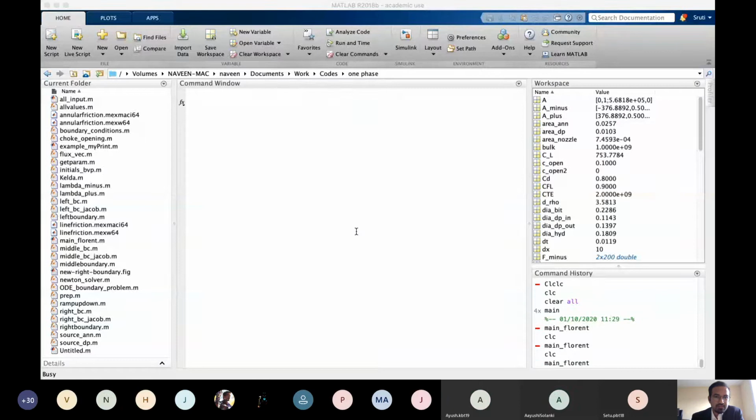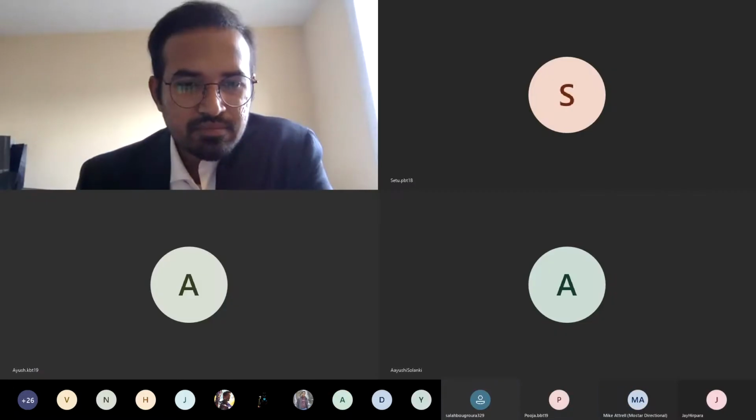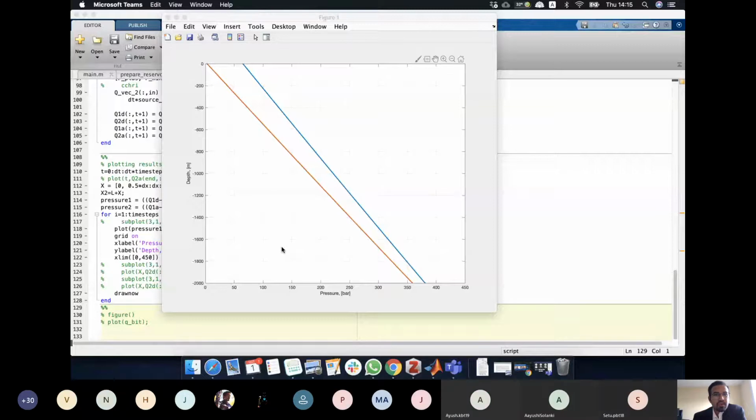Let's see. Can you see my MATLAB screen? Yes, sir. The figure as well? Can you see the figure? No, the figure we cannot see. Okay, let's see. Can you see the figure now? Yes, sir. We can see.